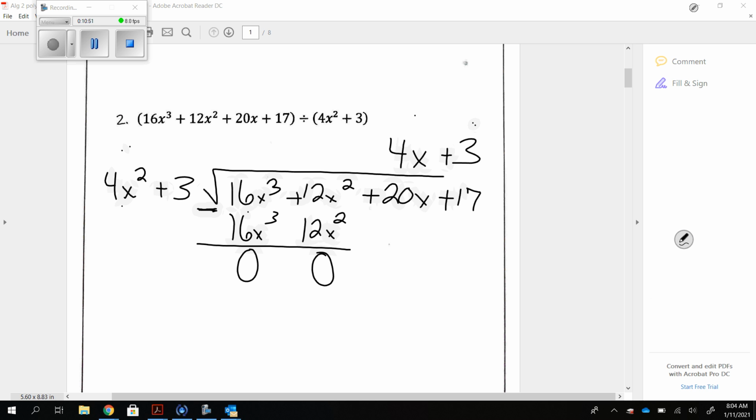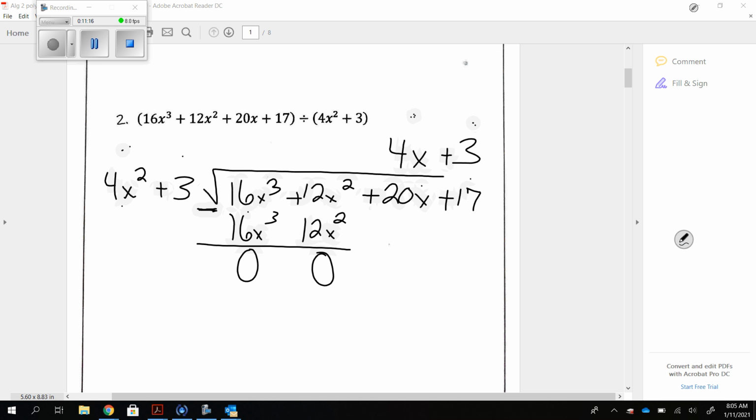Now we get to that next part. Again, don't get confused here. We know we can't divide 20x and 17 by 4x squared. So we just ignore that. We're going to do it this way. We're going to do this 4x and this 3 times this 3 here to see what we get. All right?